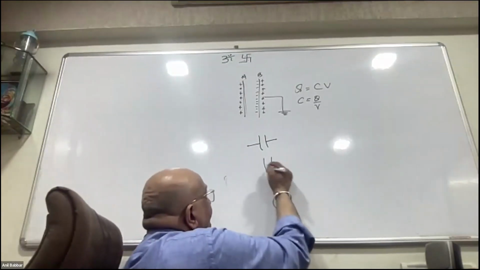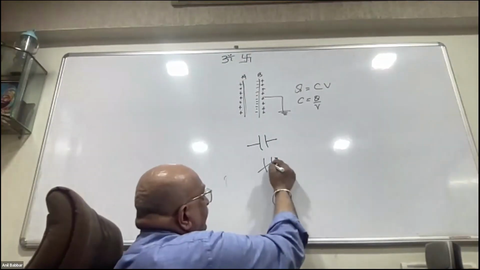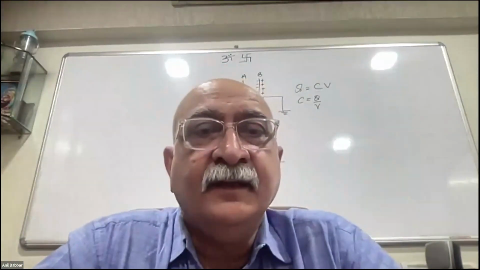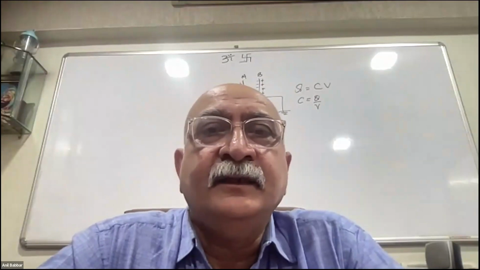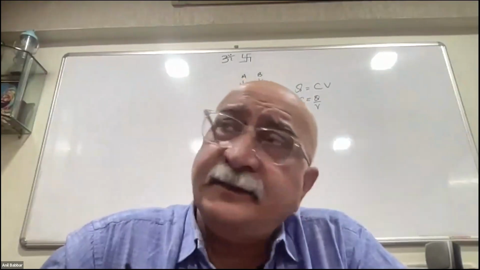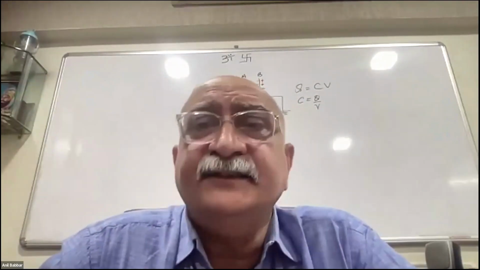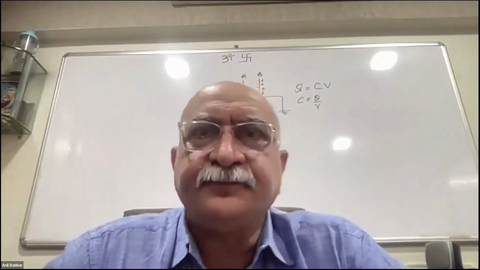And it is like this, right? That variable capacitance is there. Fine. So the most important is the parallel plate capacitor. The simplest and the most widely used capacitor is the parallel plate capacitor.